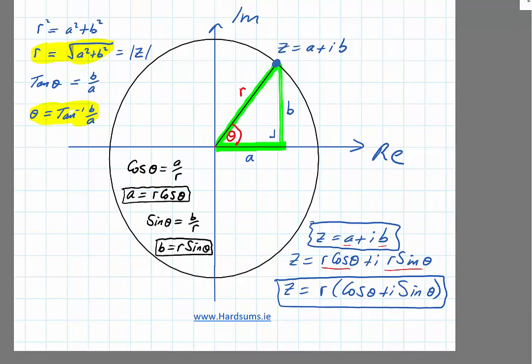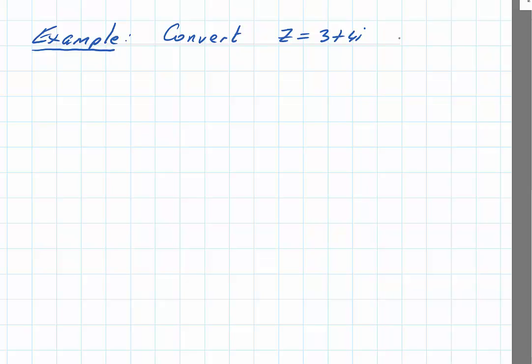Now let's just do an example on that. For example, convert z, which is 3 plus 4i, into polar form.